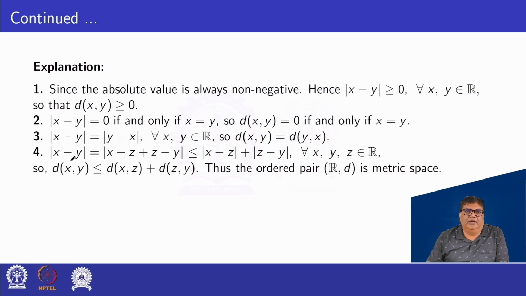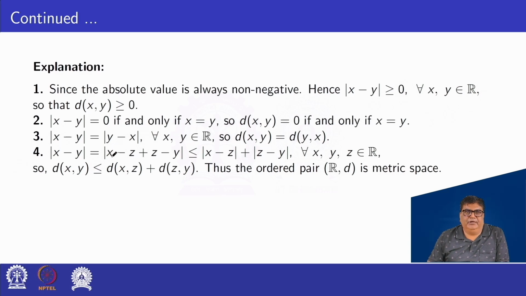Fourth condition: |x − y| is equal to |(x − z) + (z − y)|. We have added z and subtracted z also, so there is no change. We know that |z1 + z2| is less than or equal to |z1| + |z2|.